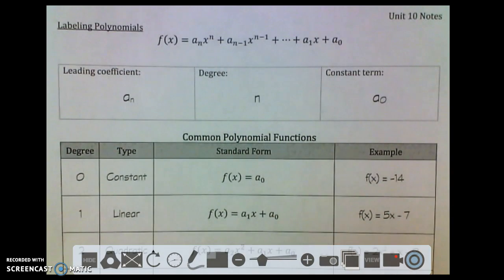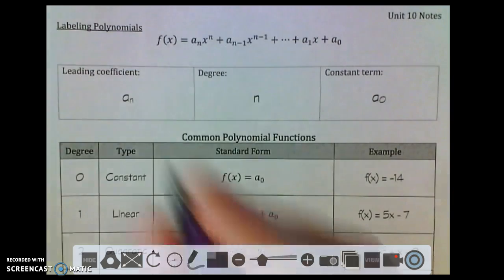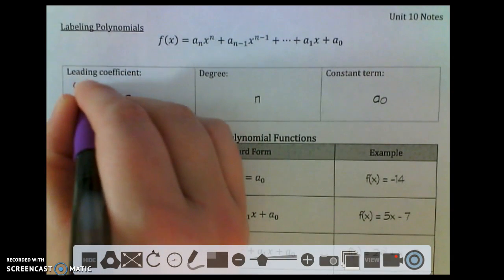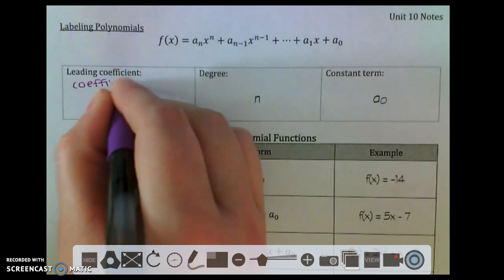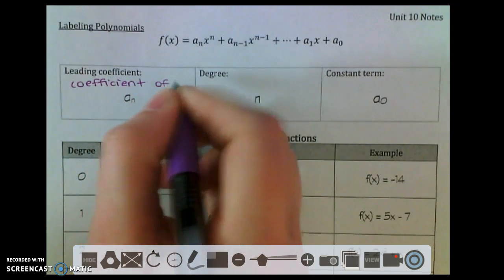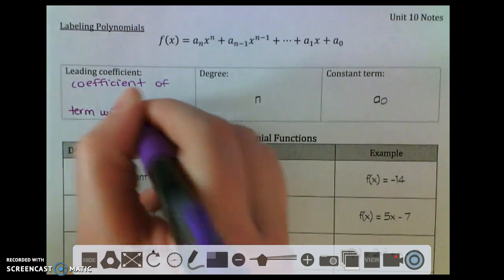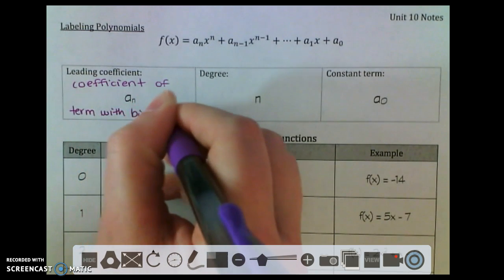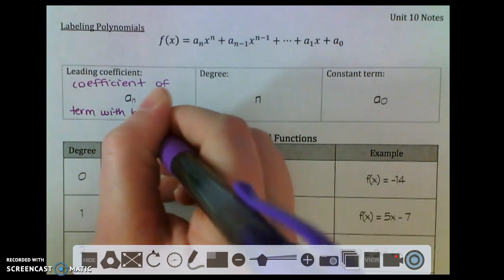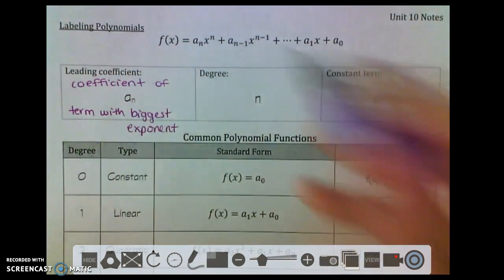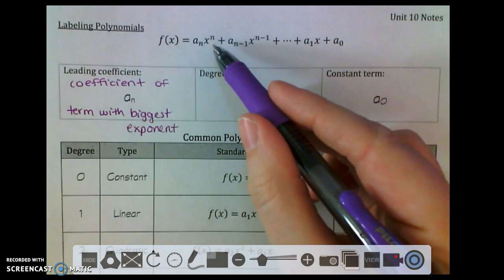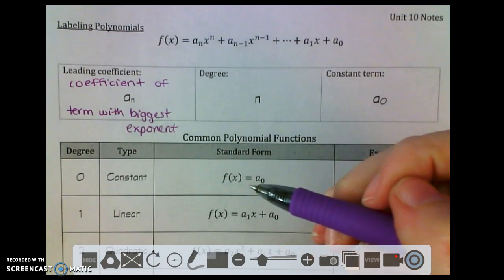So the leading coefficient is a sub n, and it is the coefficient of the term with the biggest exponent. So we look for the exponent that's biggest and say, okay, that's the leading coefficient.